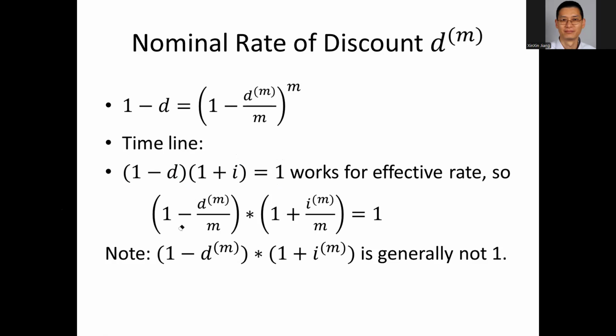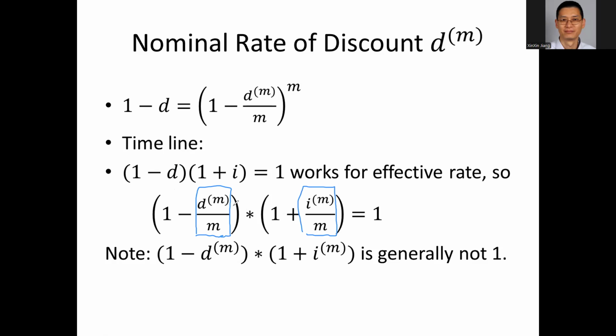For example, here there are m time periods per year. This is the effective discount rate per time period, and this is the effective interest rate per time period, and they do have the same relation.